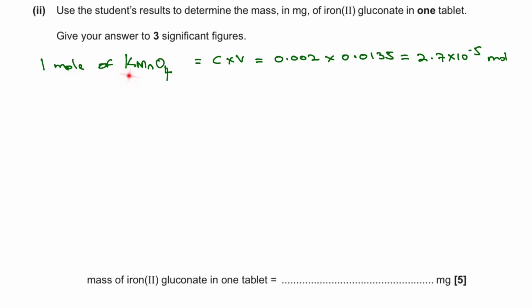So 1 mole of potassium permanganate should give us concentration times its volume.